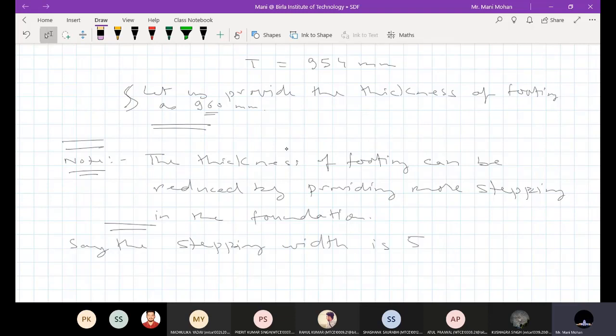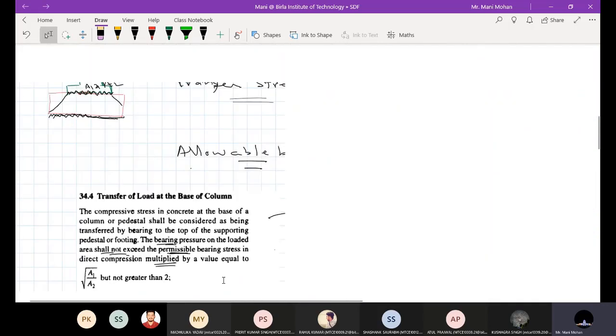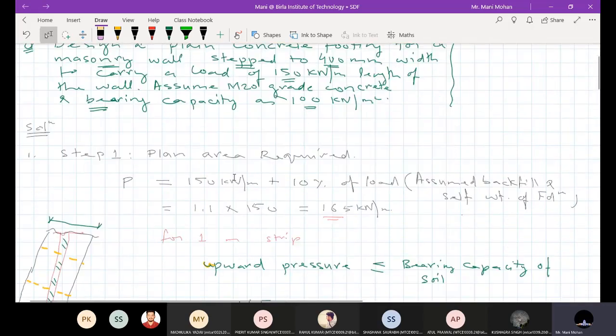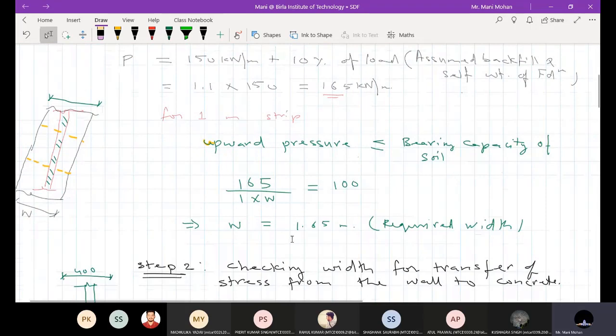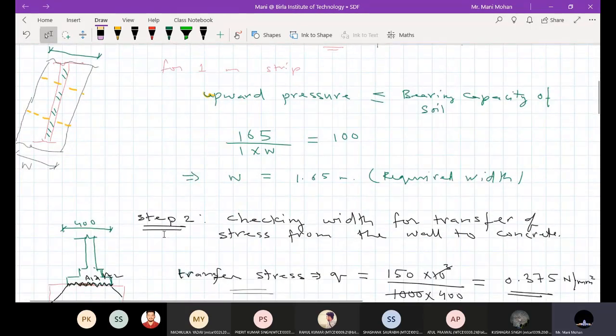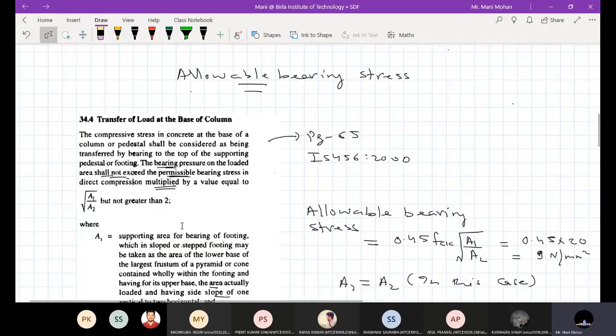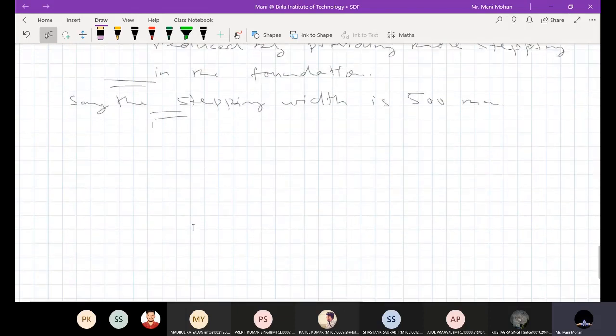Okay, so let me say the stepping width is 500 millimeter. So if I provide the stepping width as 500 mm rather than 400 mm, my step 1 is not going to change. You see, step 1 is plan area required. So I am providing 1.65 meter. So I will be going with step 2 now. Step 2 was to check the width of transfer of stress from the wall to the concrete.